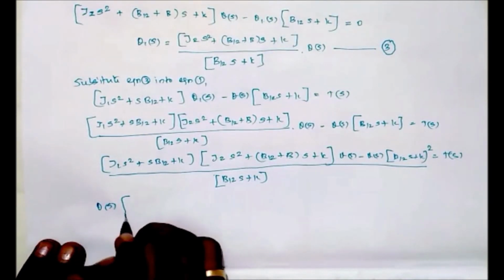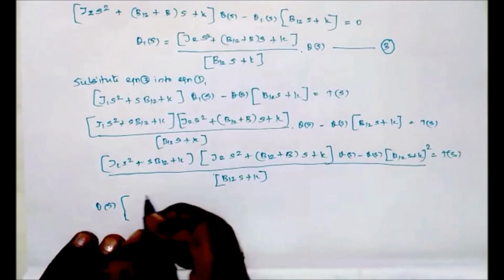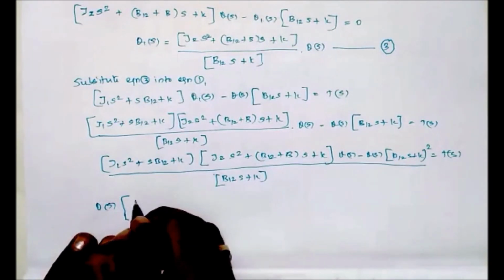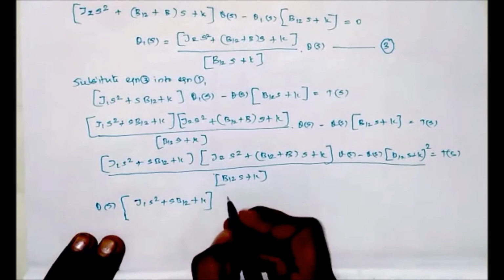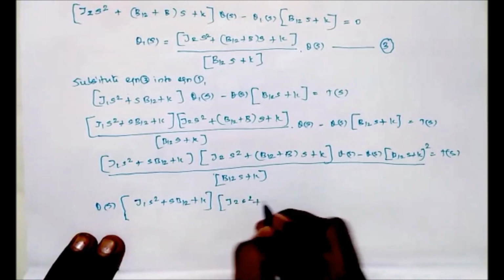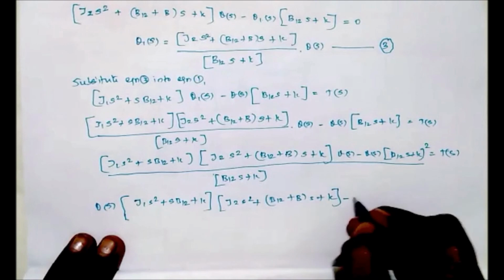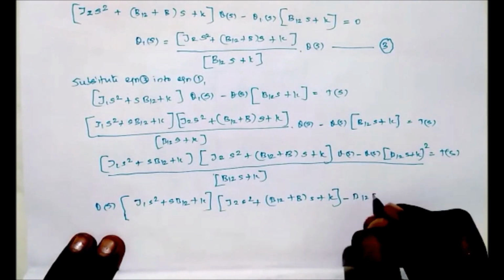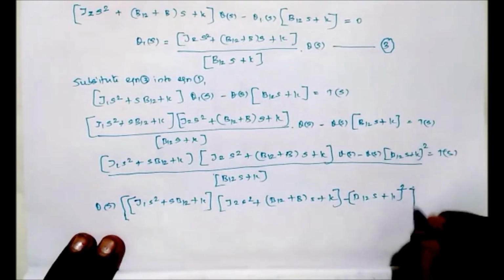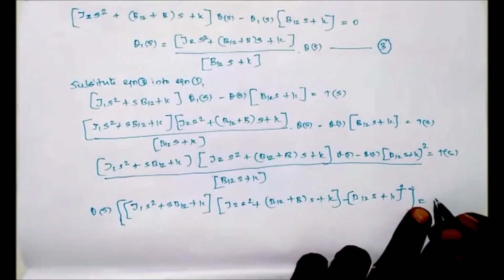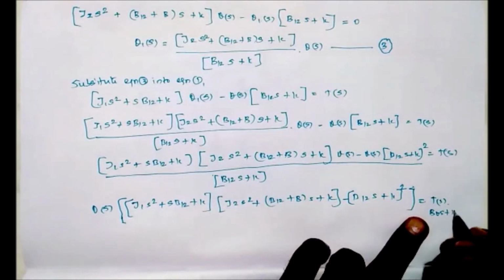We can take theta of s outside here, so we will get J1 s square plus s b12 plus k into J2 s square plus b12 plus b into s plus k, minus b12 s plus k the whole square, equal to theta of s into b12 s plus k.